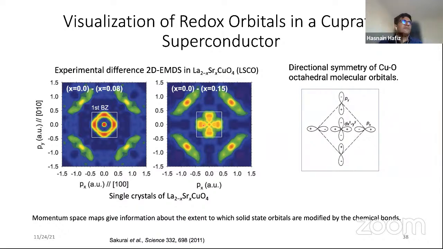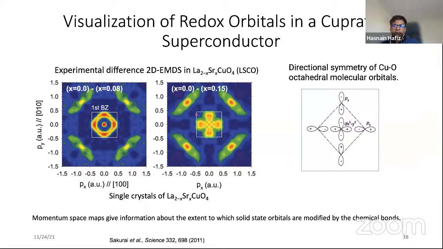You can get this kind of momentum density plot if you have a single crystal and you take different directions and, of course, different doping concentrations. In this case, the directions are px and py. And you take the differences, you will find this kind of atomistically resolved picture of the electronic state.